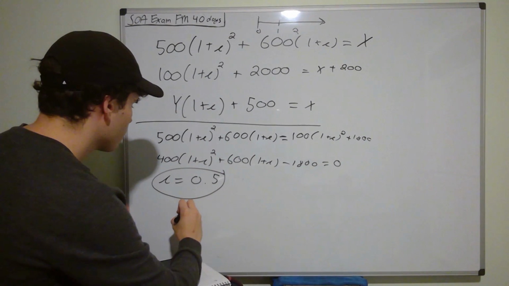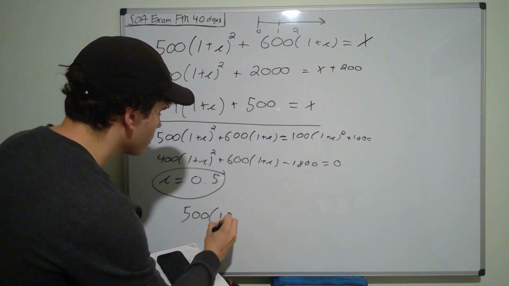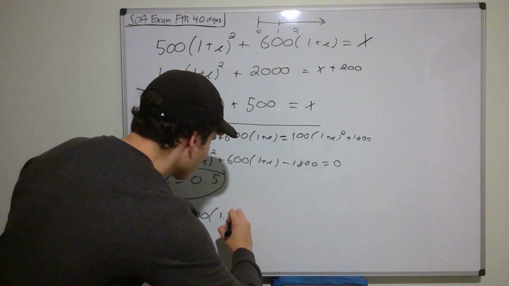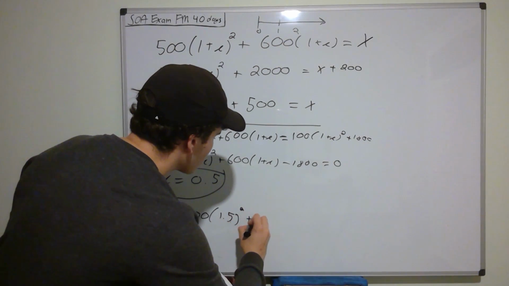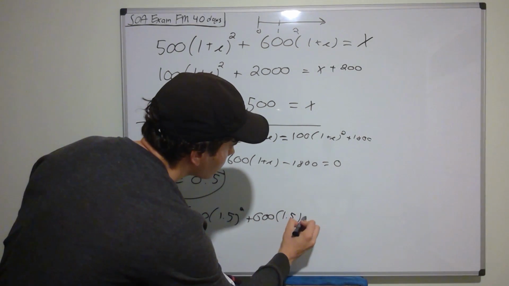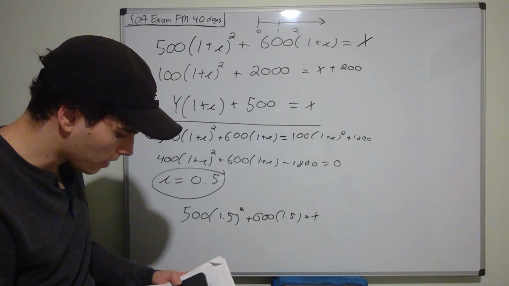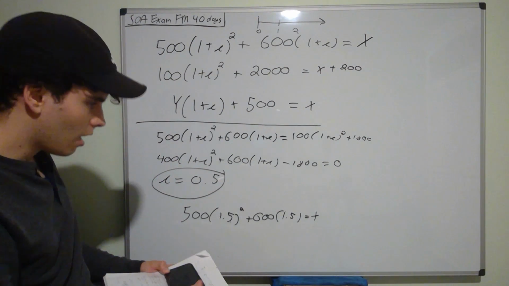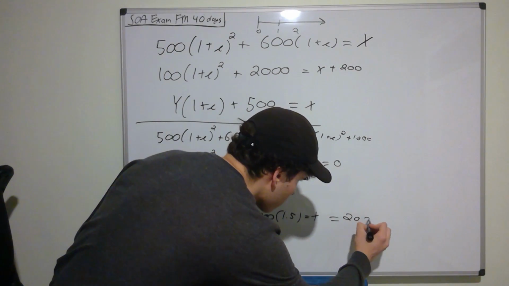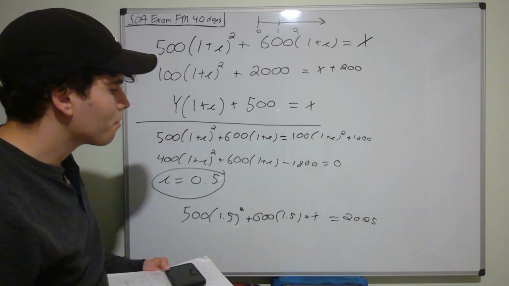So we have 500 times 1.5, because it's 1 plus the interest, squared, plus 600 times 1.5 equals x. Then to save some time as well, x works out to being, I believe, 2025. Then with that, we have what x equals.